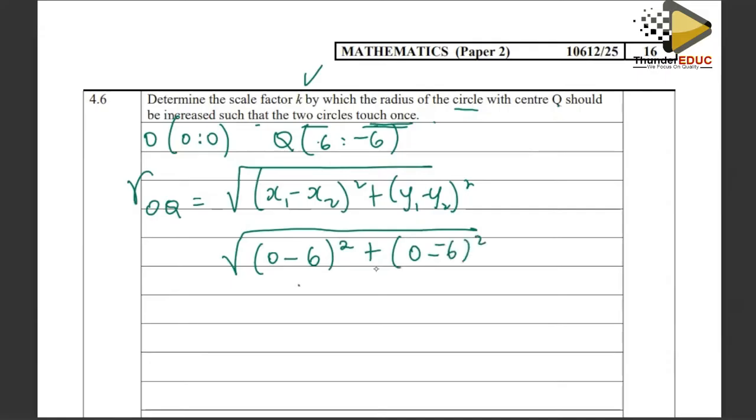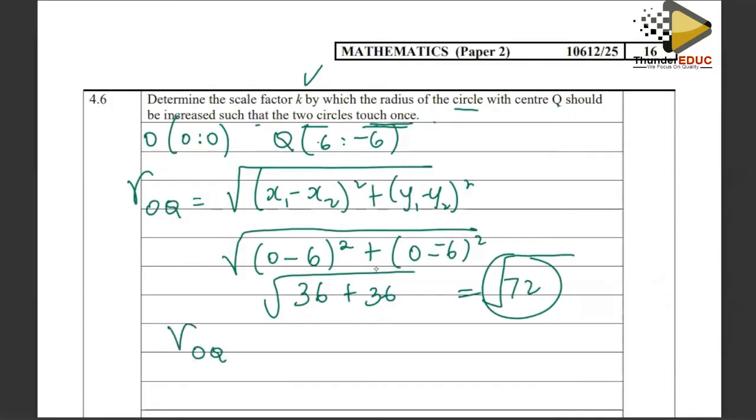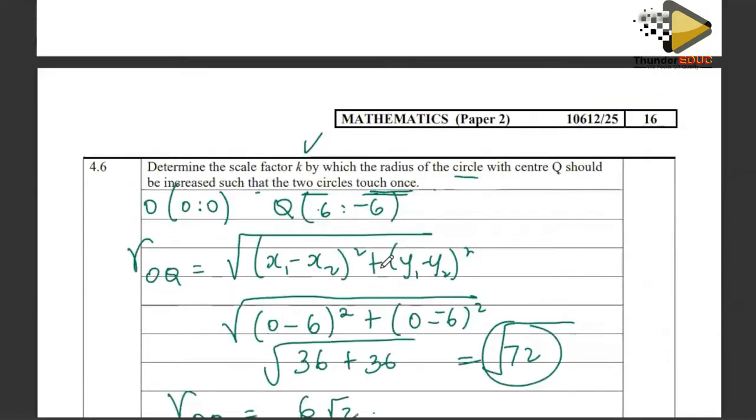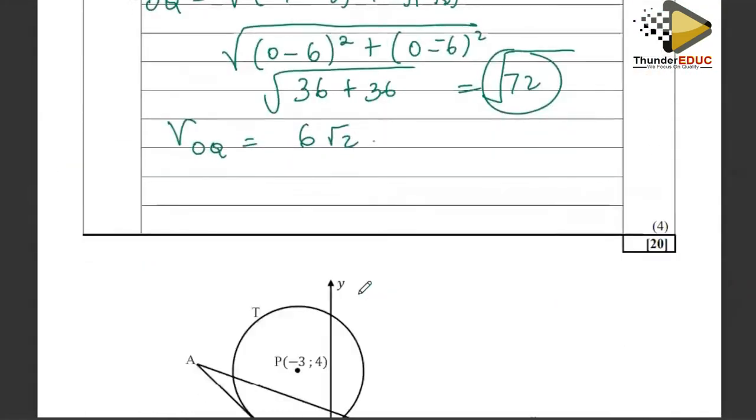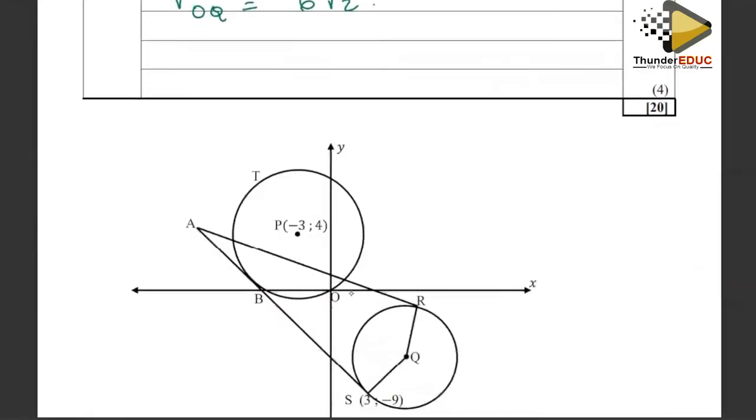So that's going to be 36 plus another 36 under a square root, which gives us the square root of 72. Now we know that the square root of 72 is going to be, so we're saying OQ is going to be 6 square root of 2. Then the initial radius RQ, remember, it was something like 18.